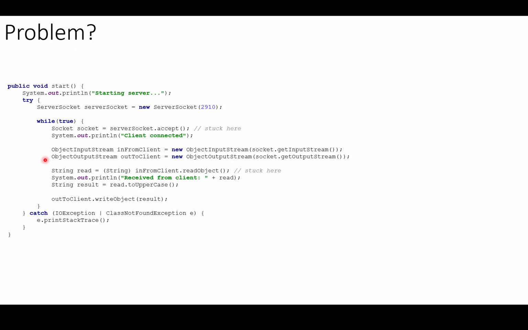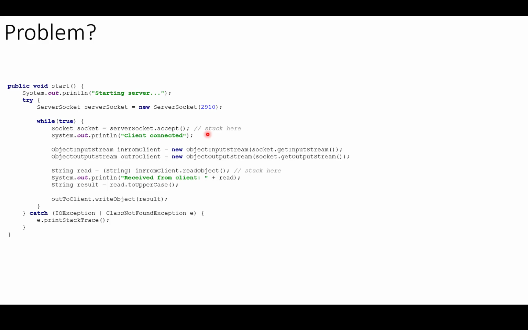So just to refresh the problem, this was the server last time, my simple echo server. We created the server socket, we accepted a client connection, we created the streams, the communication devices, we read an object from the client, in my case a string, we changed the string to be uppercase and we sent the result back to the client again.